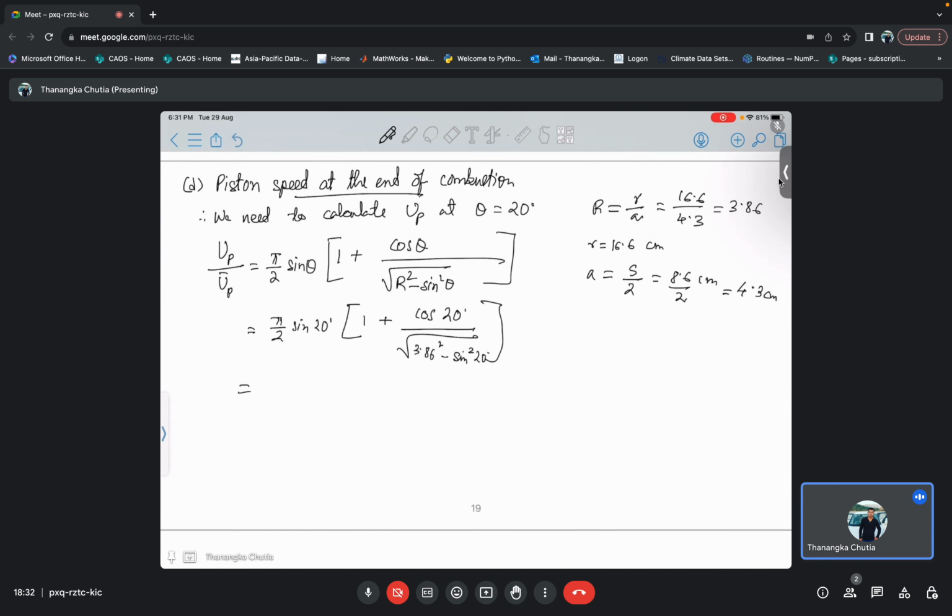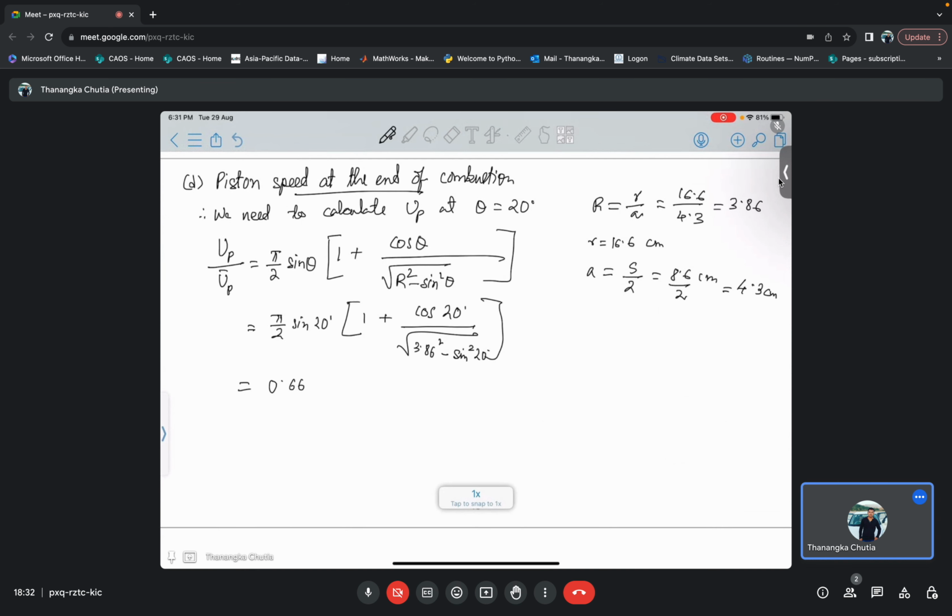So this is 0.66854. Therefore UP is equal to UP bar into 0.66854.